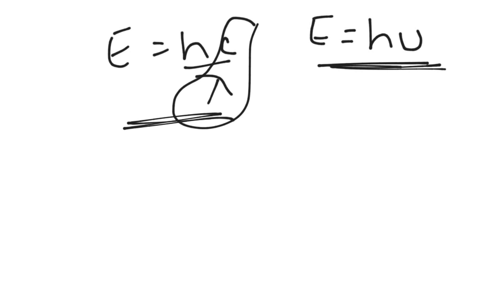Okay. We also talked about last year that each of these is quantized. So in my Bohr model, which we'll talk more about in the next section, but I want to quickly remind you of it here. Remember, you had your first energy level, your second energy level, your third energy level, and so on and so forth.